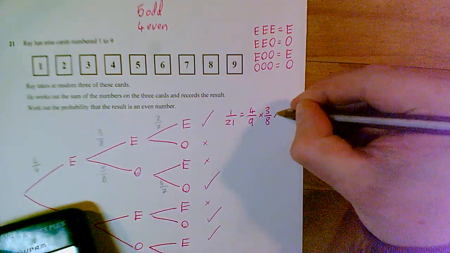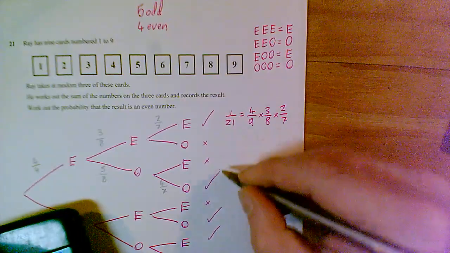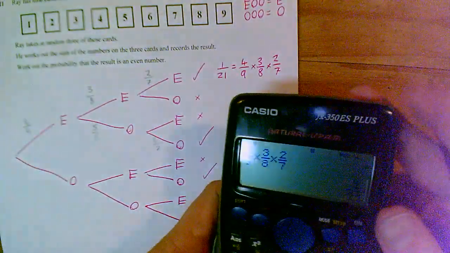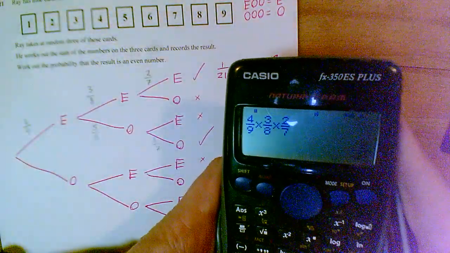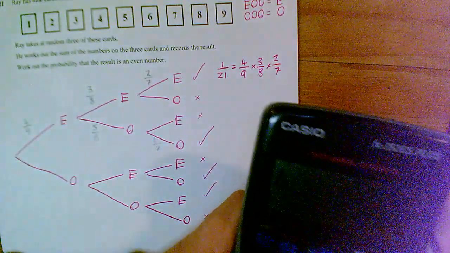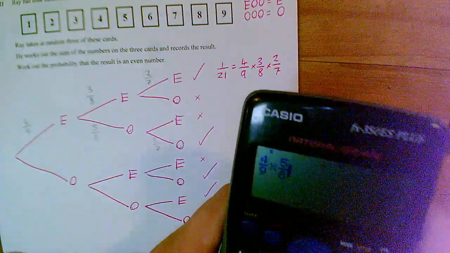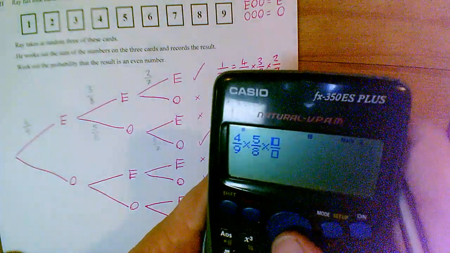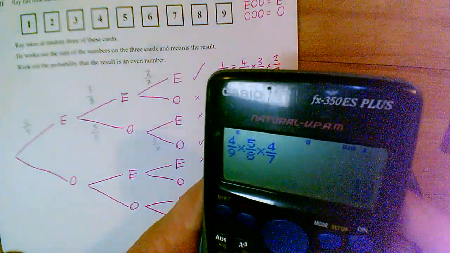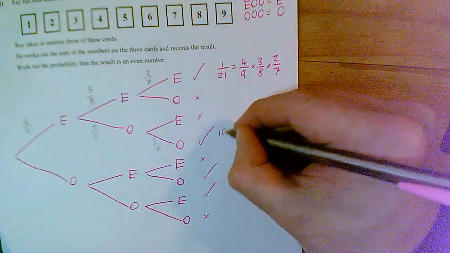Because if a mistake happens, it's really good to explain what you've been doing all the way. So 4/9 times 5/8 times 4/7, 10 out of 63.